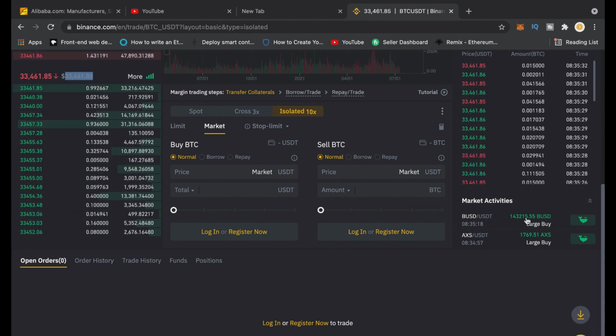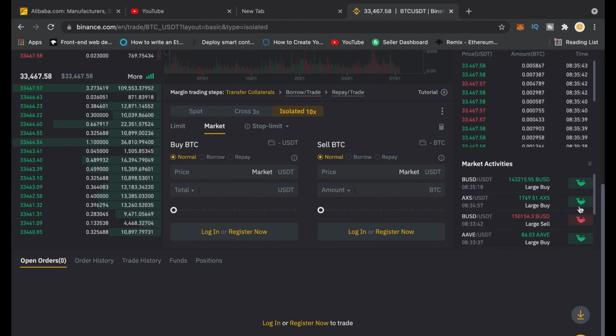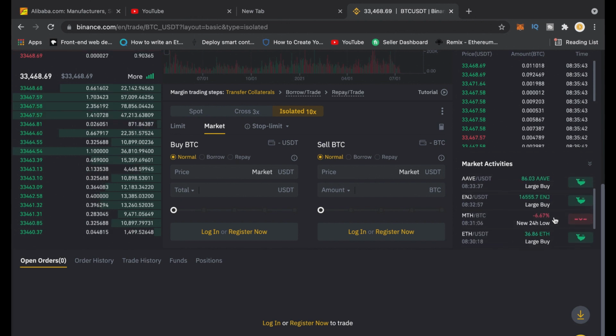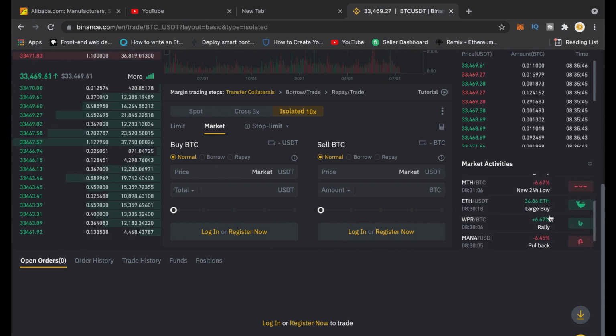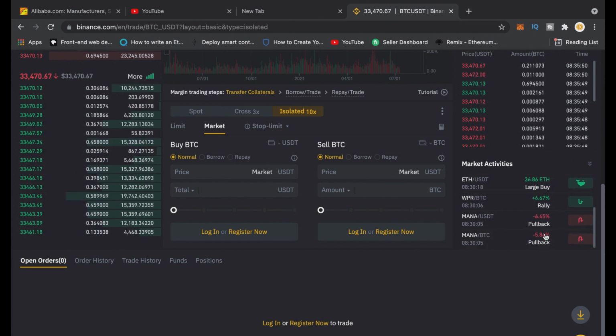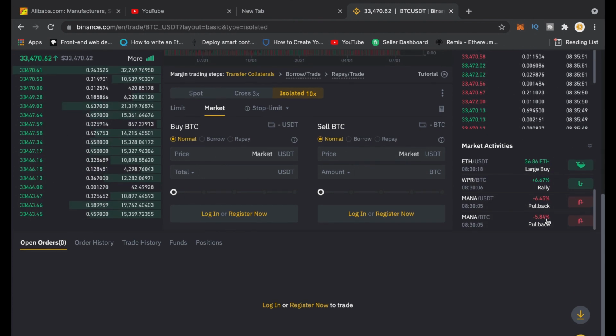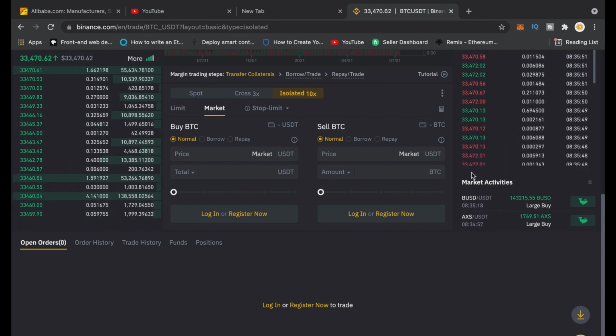As you can see, it is over $143,000 or 143,000 BUSD. So this is a very large buy. Some of, see here, some large buys. Large buy, 36 Ethereums. Wow, it's really big. Pullback and stuff like this. Key activities. You can just look at it.